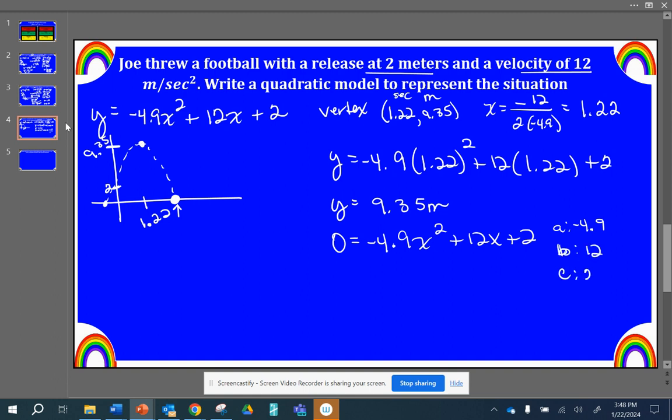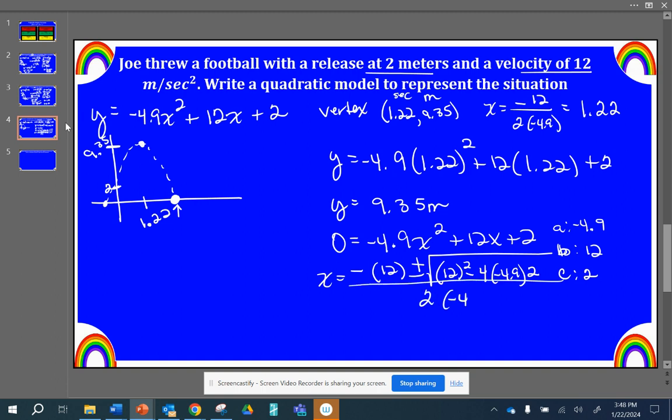And c is 2. So x equals negative our b value plus or minus the square root of b squared minus 4 times a times c all over 2 times a.